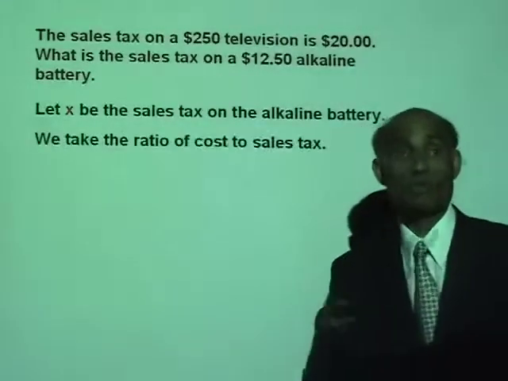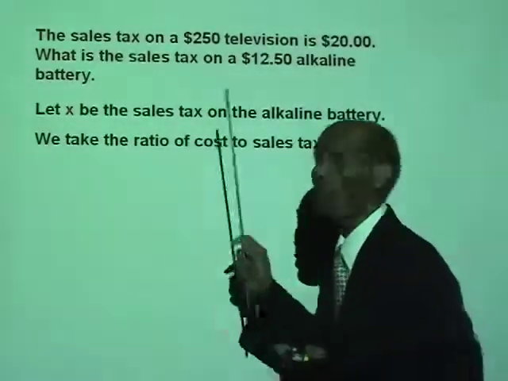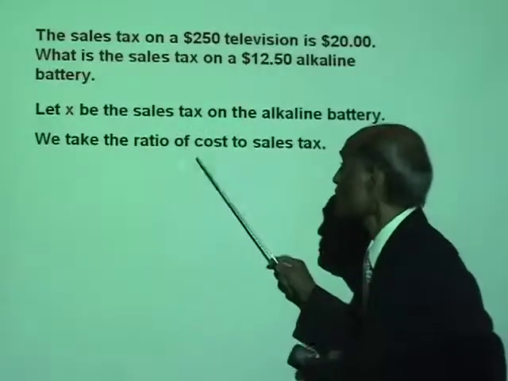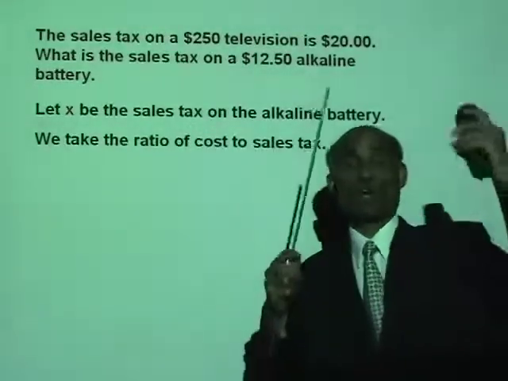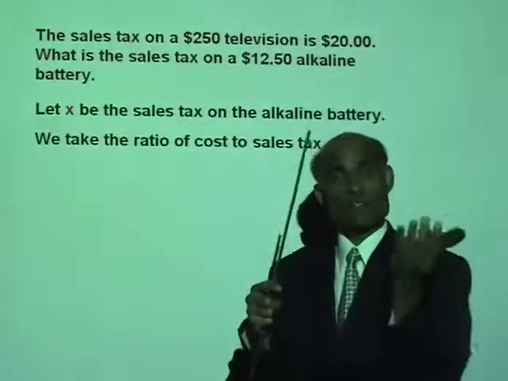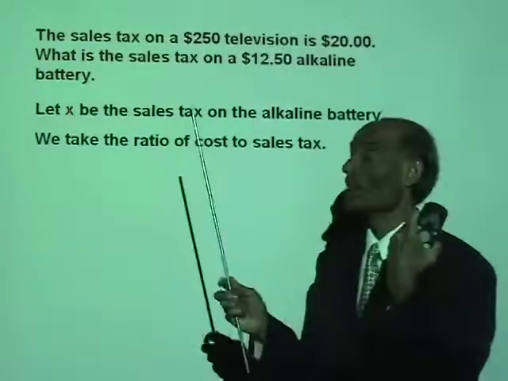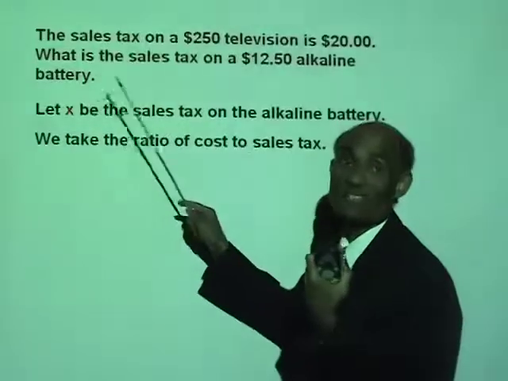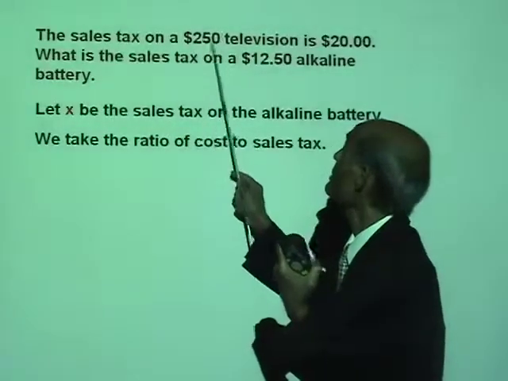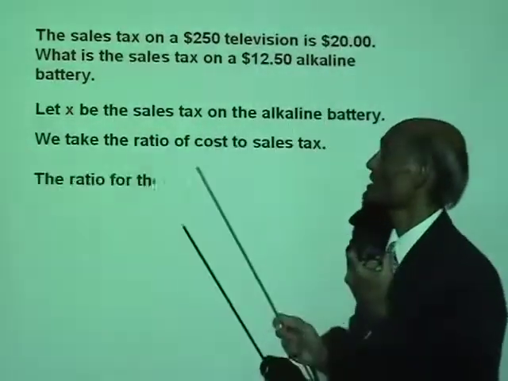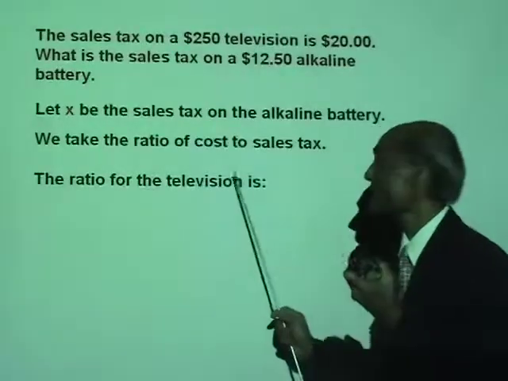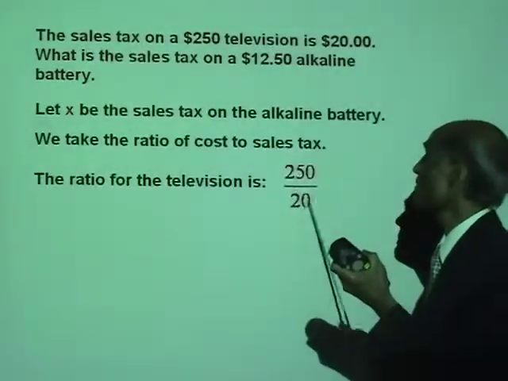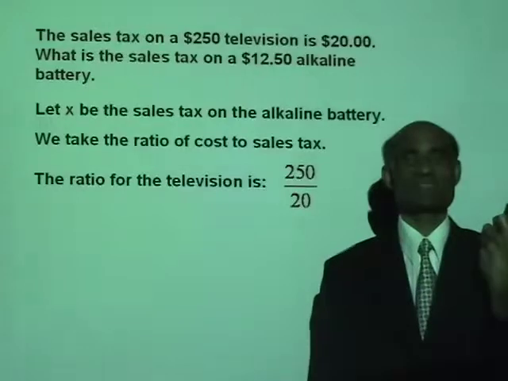Alright, now what do we do? We take the ratio of cost to sales tax. Cost on the numerator, sales tax on the denominator. What is the ratio for the television? Cost to sales tax. It is 250 divided by 20.